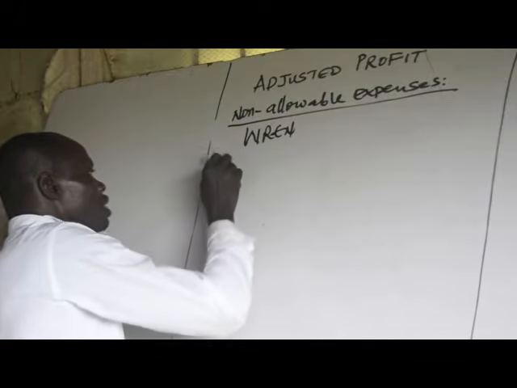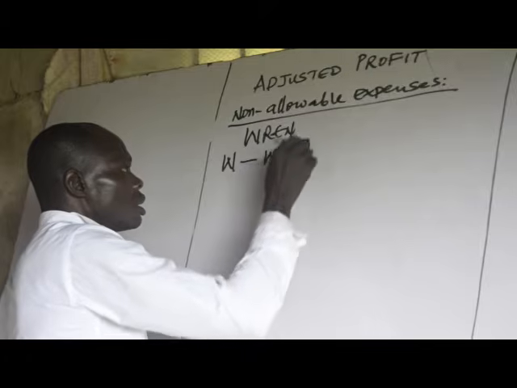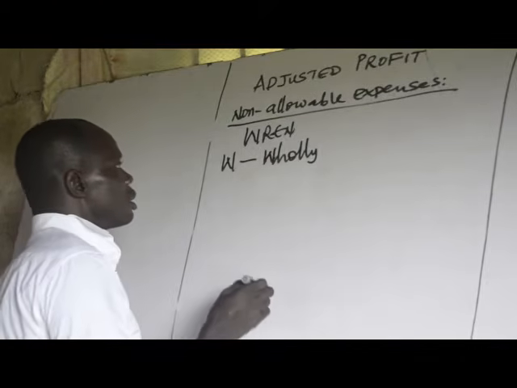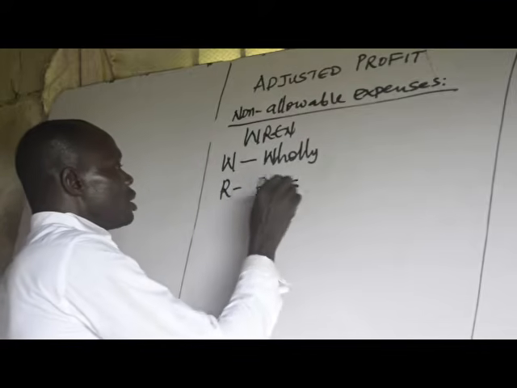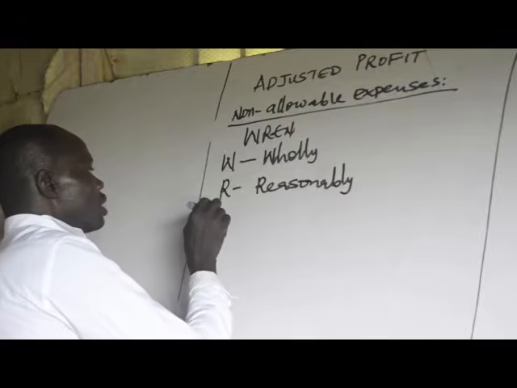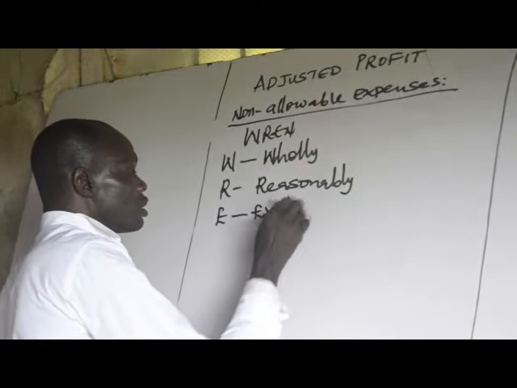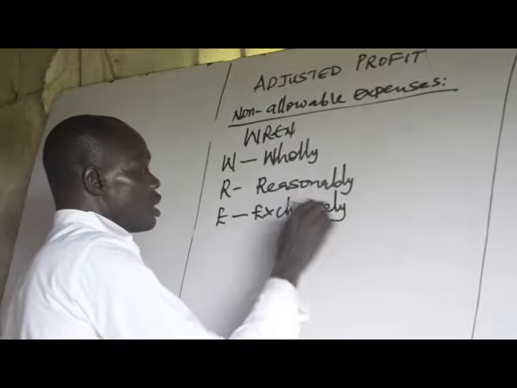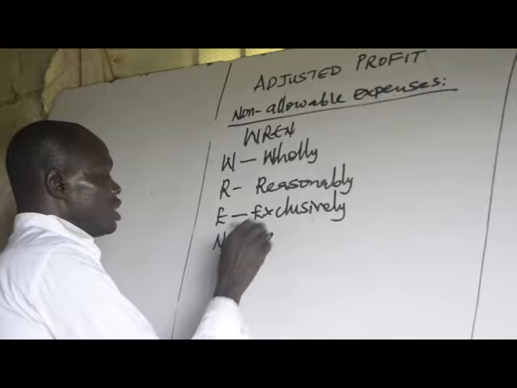The first W stands for wholly, R stands for reasonably, E stands for exclusively, and N stands for necessarily.